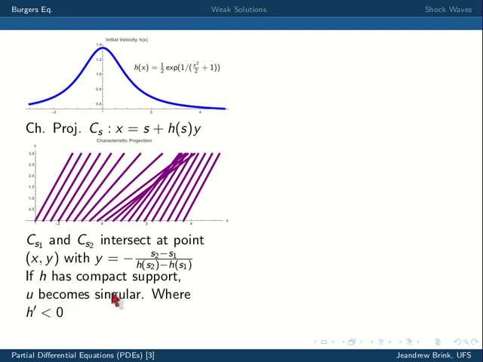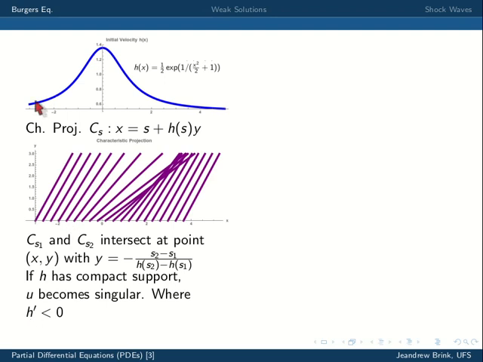So the first observation: remember the definition of a derivative. This is just 1 over the derivative if S1 approaches S2. Now the statement is, if H has compact support, there is always going to be a region where the derivative is negative.